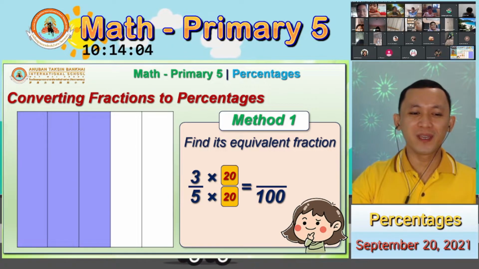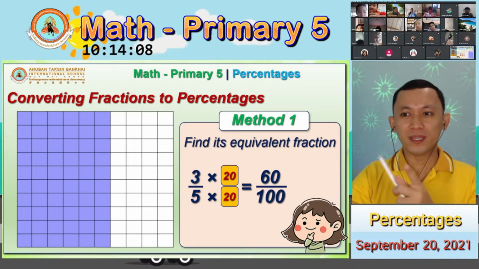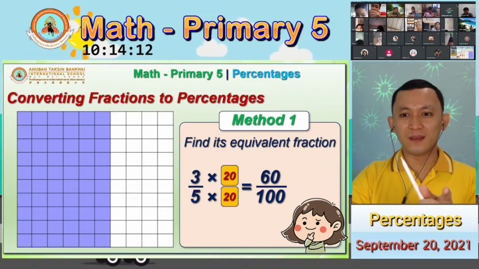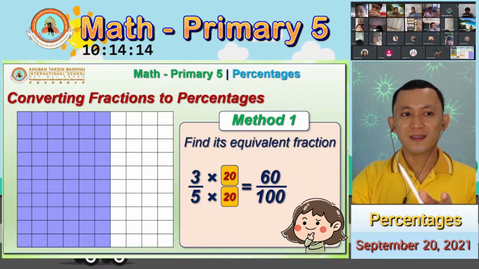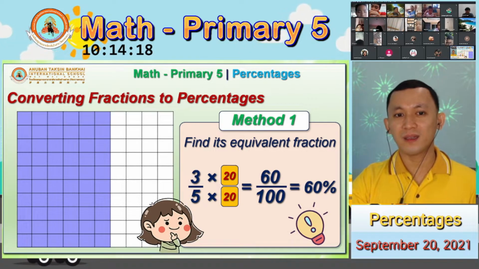Very good. Teacher, the denominator is already 100. So 60 over 100, what's that in percent? 60%.